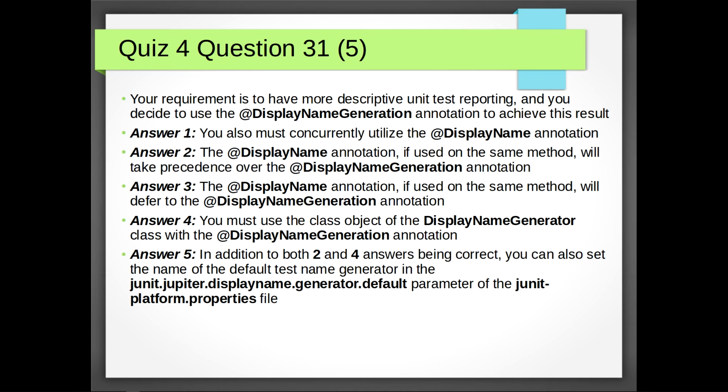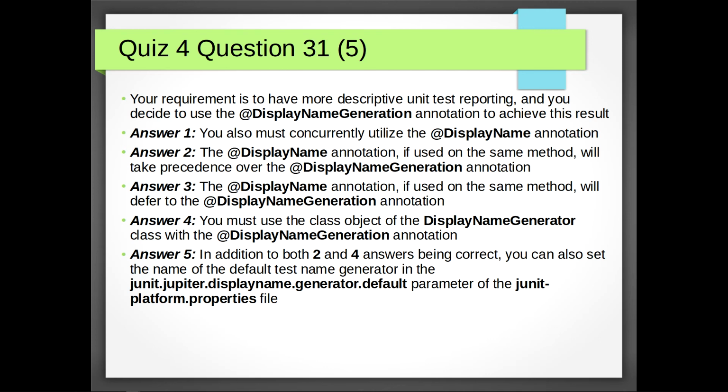The @DisplayName annotation, if used in the same method, will take precedence over the @DisplayNameGeneration annotation. Answer 3. The @DisplayName annotation, if used in the same method, will defer to the @DisplayNameGeneration annotation? Answer 4. You must use the class method of the DisplayNameGenerator class with the @DisplayNameGeneration annotation.